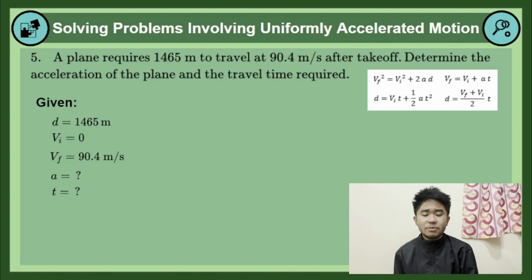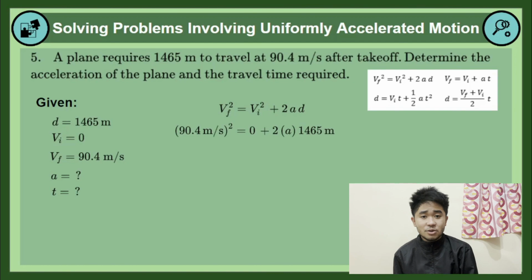The formula that we will use to get the acceleration is Vf squared equals Vi squared plus 2AD. After inputting all the given into this formula, it will now be 90.4 meters per second squared equals 0 plus 2 times a times 1,465 meters.